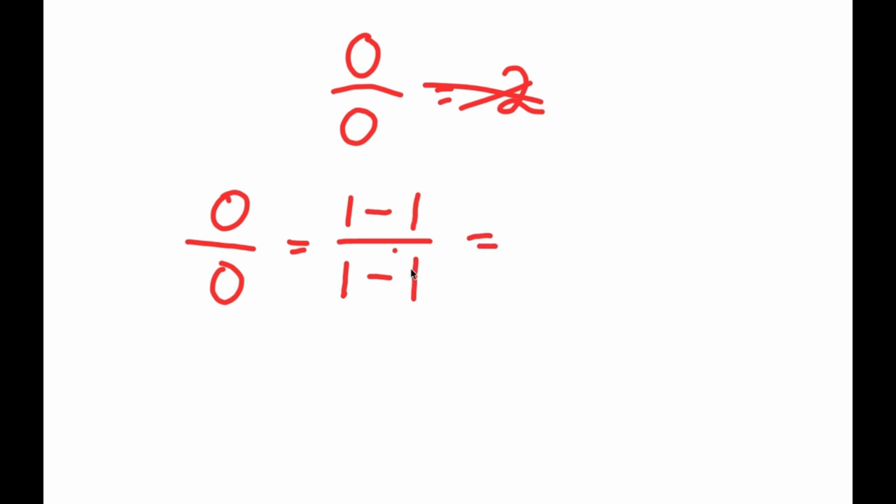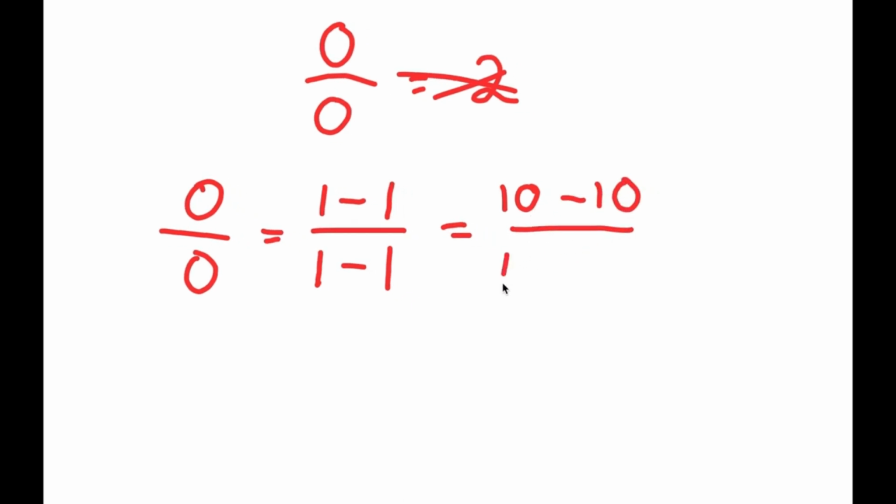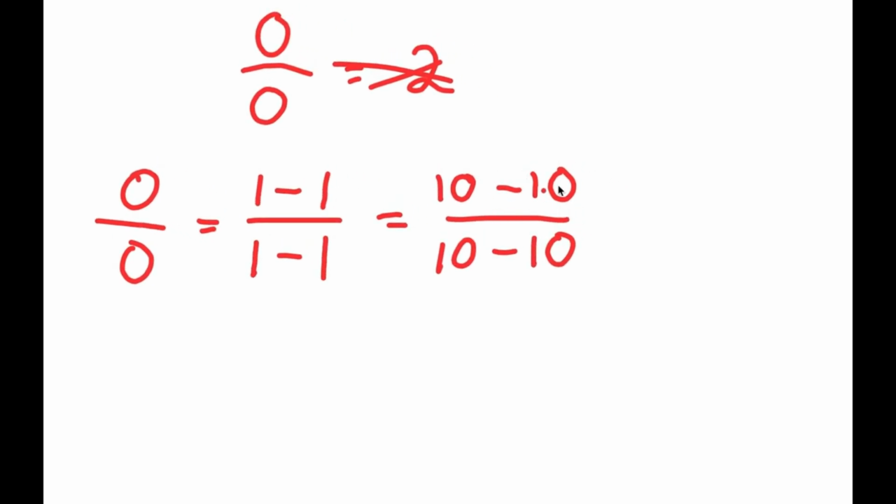Now if this is true, then this also means that this is the same thing as 10 minus 10 over 10 minus 10 as well. So these two are the same thing. And if this is true, then this is also the same thing as 100 minus 100 over 100 minus 100.